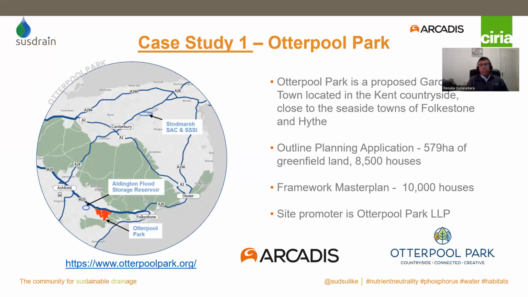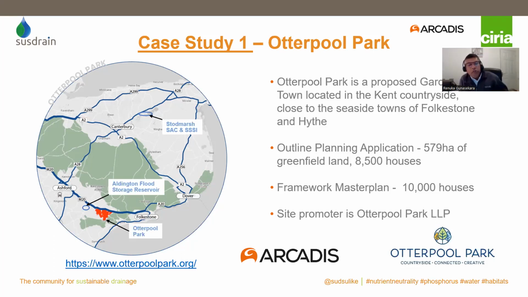The site promoter is Otopul Park LLP. You can see the Stodmarsh is further downstream, so we need to demonstrate that the nitrogen and phosphorus is no more than the current state to protect the European site. Stodmarsh is a SAC as well as an important SSSI.